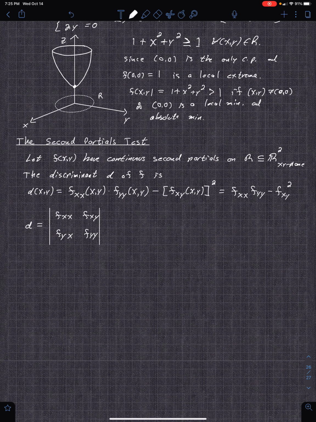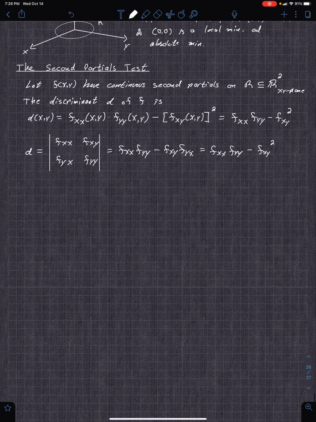And then when you do that, you get fxx fyy minus fxy fyx. But when a function has continuous partials, the mixed partials are equal, so it's minus fxy squared because there's two of them. Okay, so using that, we have this next piece.